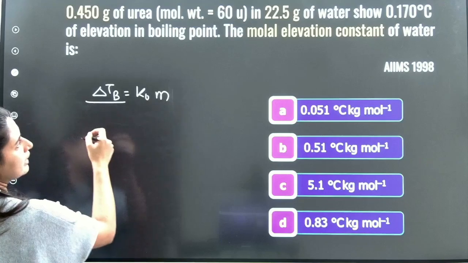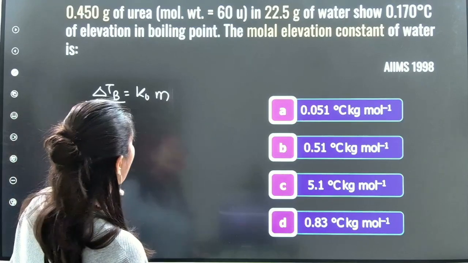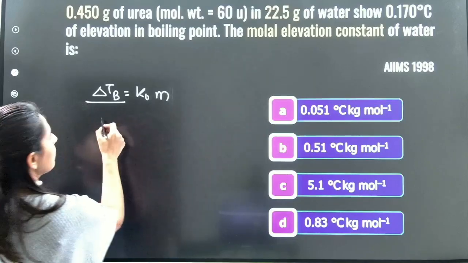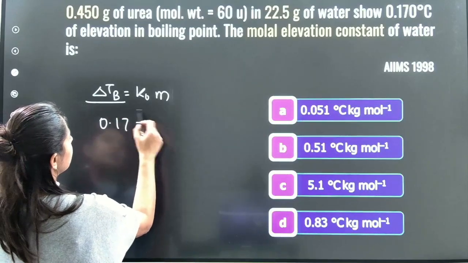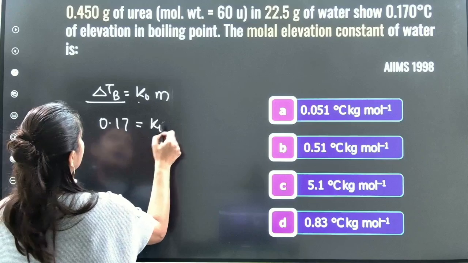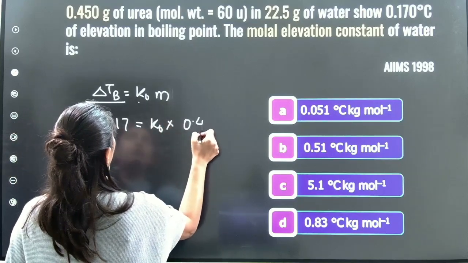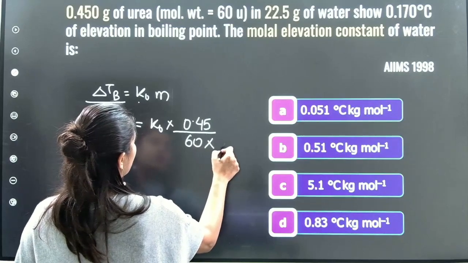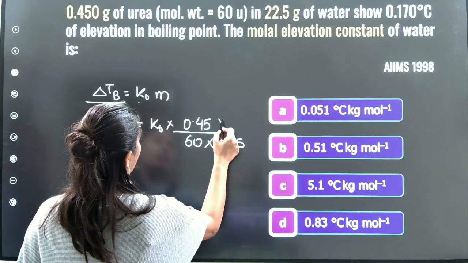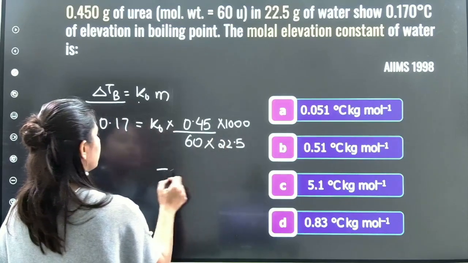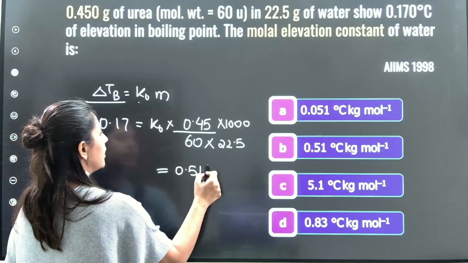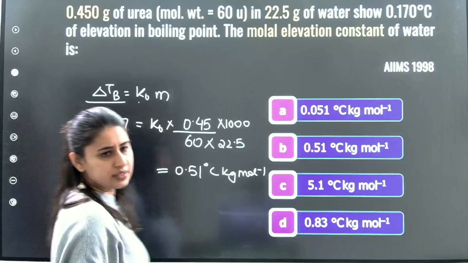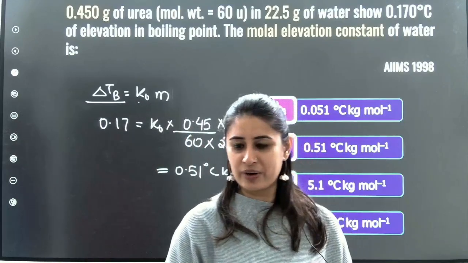Delta TB you already have here, 0.17 degrees Celsius of elevation. KB we need to find out. Molality: 0.45 gram of urea with molar mass 60 in 22.5 gram of water into 1000. This will give you the result as 0.51 degrees Celsius kg per mole. Okay, simple one. Let's move ahead. All right.